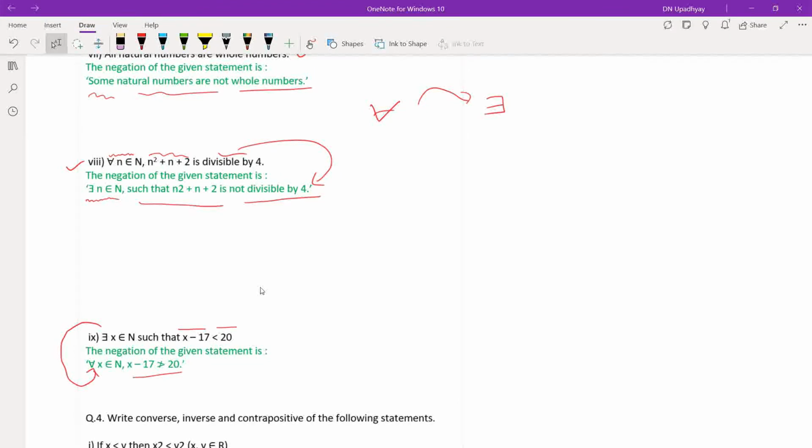Or it is also right, okay? Actually, this should be greater than or equal to, the negation of this: for all x belong to N, x minus 17 greater than or equal to 20. So this is the negation, okay?